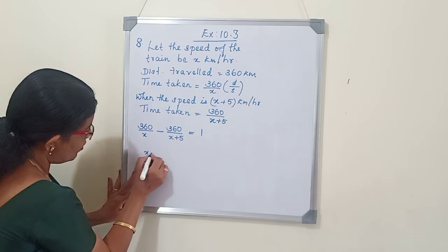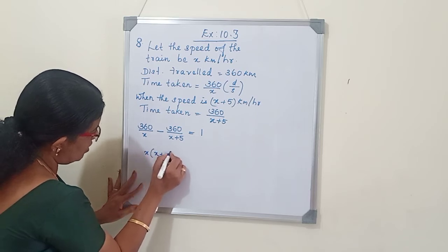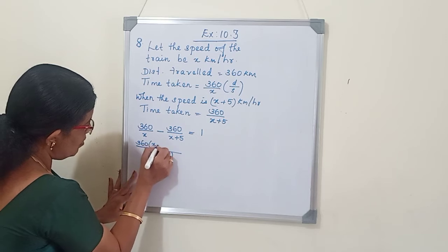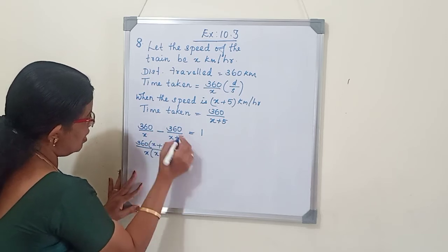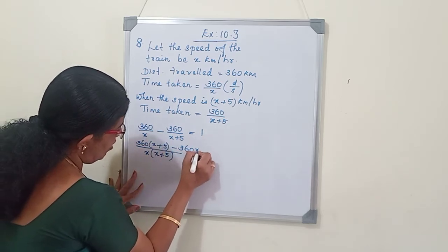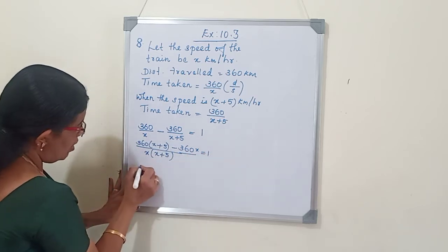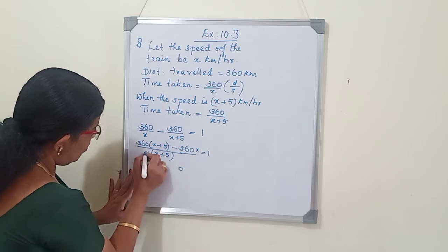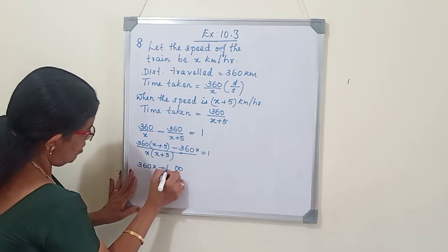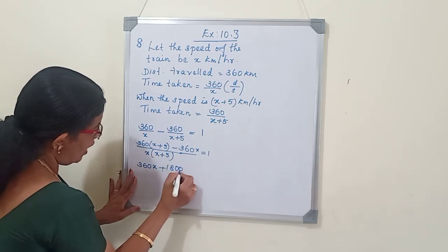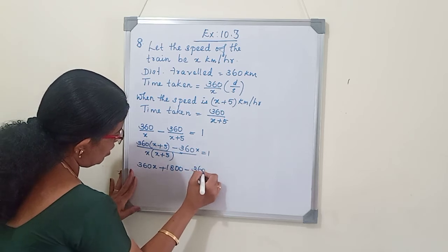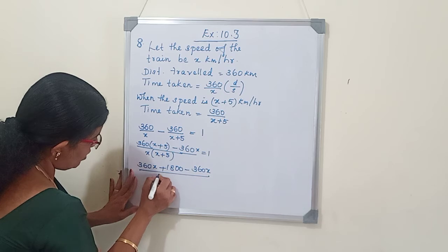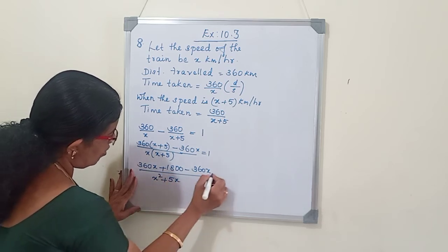Now take LCM. x into x plus 5 is the LCM. 360 into x plus 5 minus 360 into x is equal to 1. Now open the bracket. 360x plus 1800 minus 360x by x into x plus 5, x square plus 5x, is equal to 1.